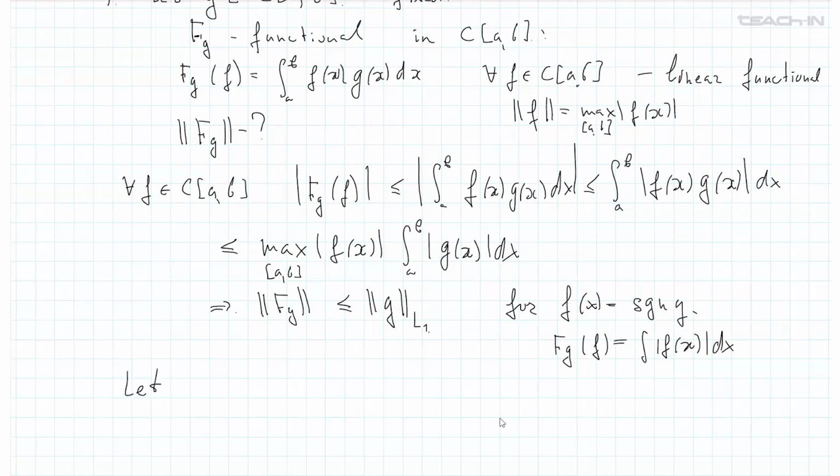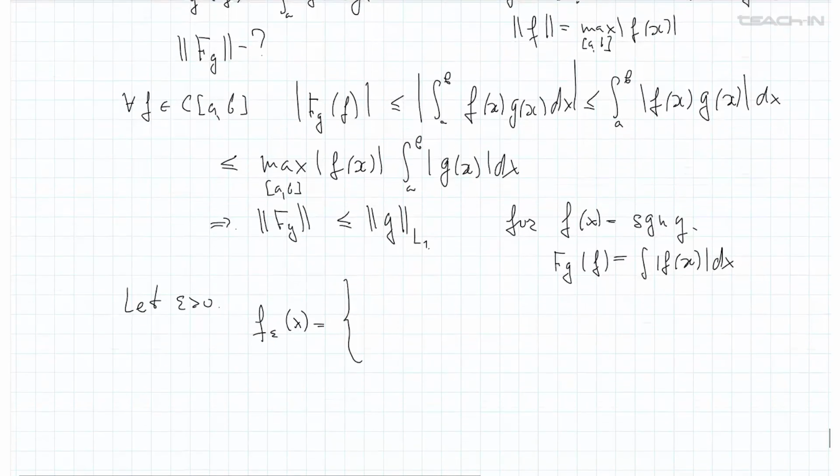Let epsilon be positive. Let's consider the function f epsilon of x equal to what? It is just signum g of x if the modulus of g of x is not less than epsilon.